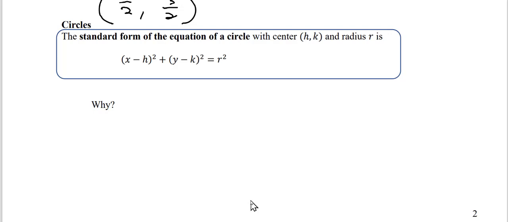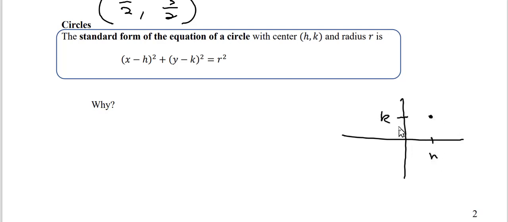Remember we said that the standard form of the equation of a circle with center h, k and radius r is this formula. The question becomes why? Remember that we said, let's suppose we're at some point h, k here.